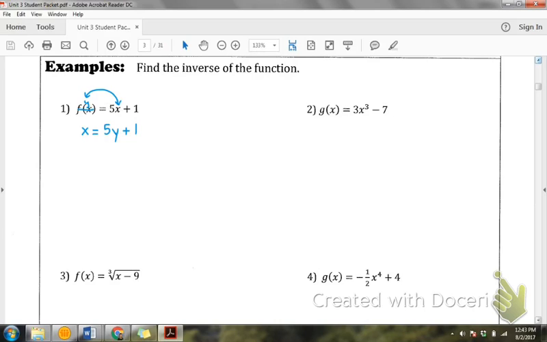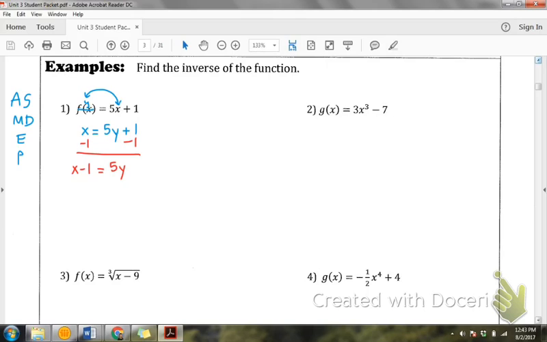You okay so far? All right. So if we're going to solve this for y, what's the first thing I need to do to get y by itself? Subtract 1. And if you think about it as reverse PEMDAS, isn't adding and subtracting really what comes first now? Right? Okay, so we're going to subtract 1 from the other side. X minus 1 doesn't combine, so we're just going to leave it as x minus 1 equals 5y.